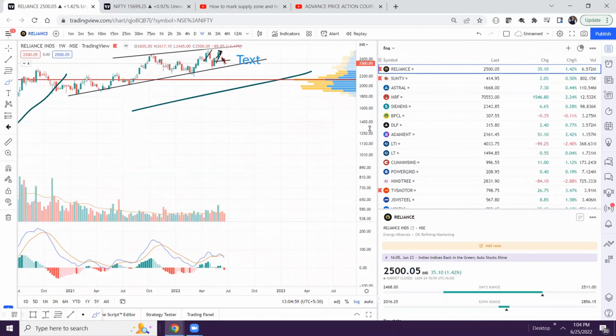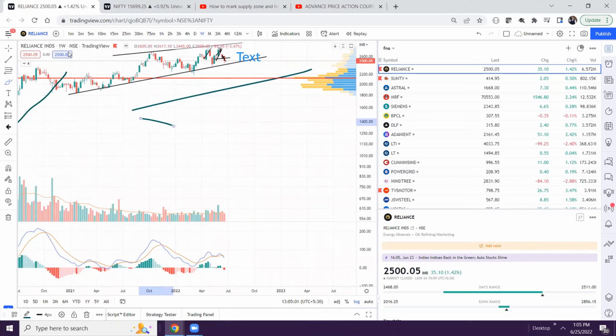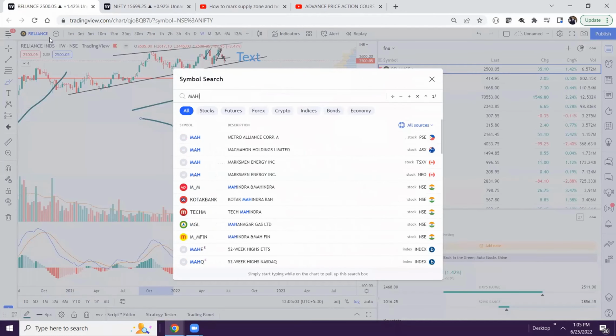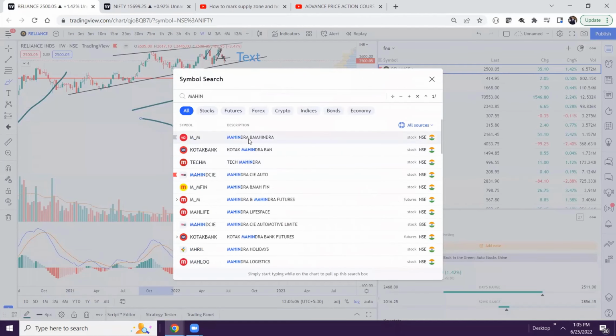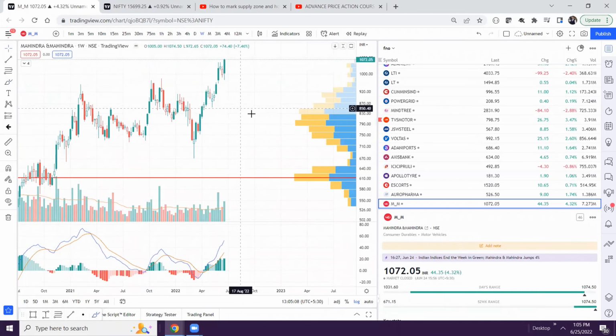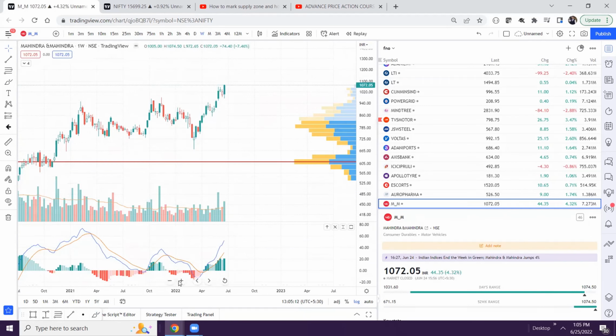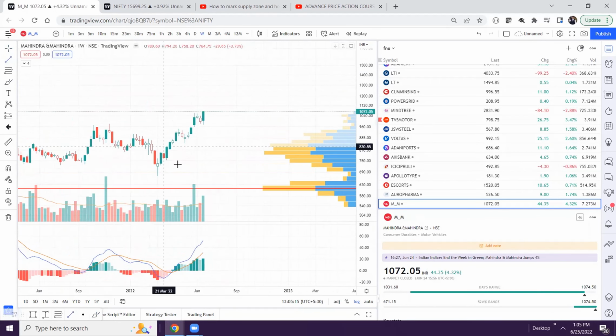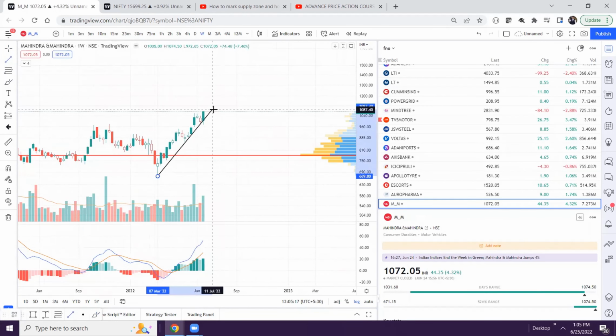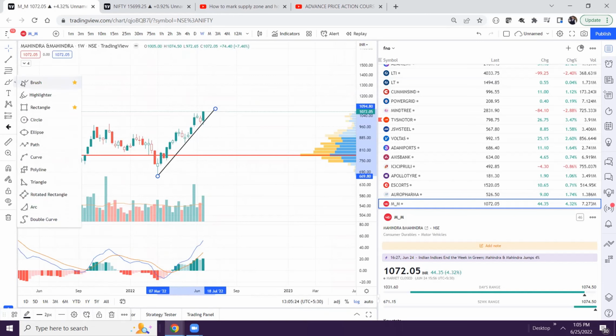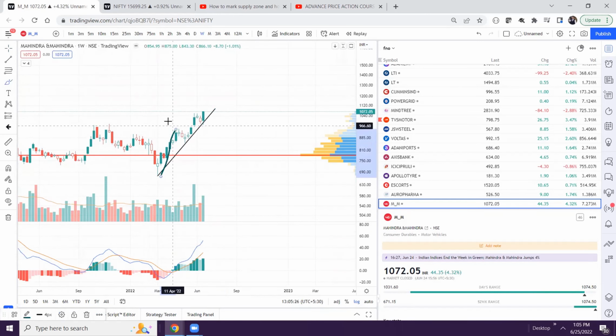So any other stock? Mahindra and Mahindra has given a breakout yesterday. Is it a good time to buy that stock? See, let us count this. I had posted this in the group also. When you connect, suppose this is 1, this is 2, this is 3rd, and suppose this is 5th.